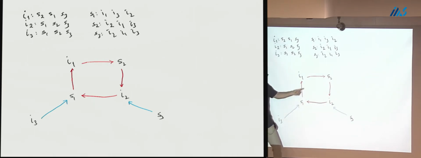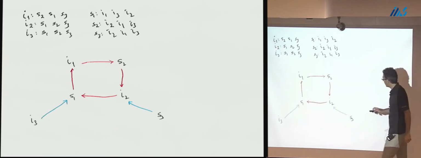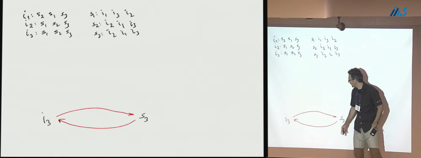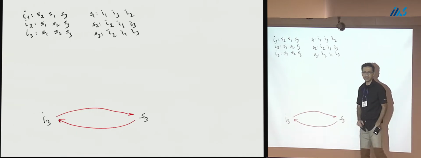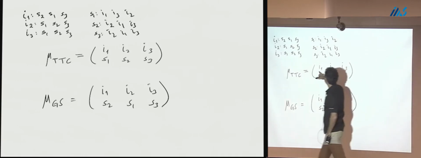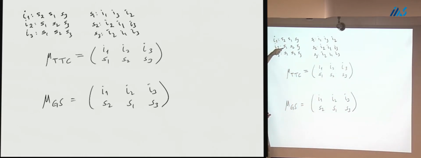In a way, those students are actually exchanging their priorities. Once we perform this trade, we have a reduced economy. In that reduced economy, we find another cycle, and we end up with this top trading cycles allocation where student 1 and 2 get their first choices, and 3 ends up with her last choice.